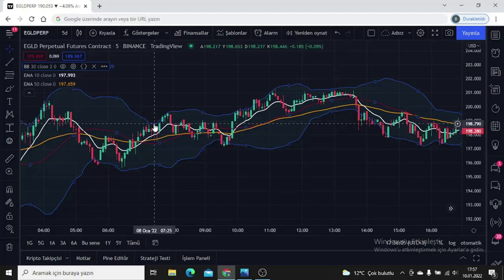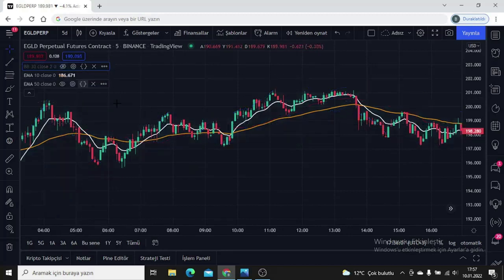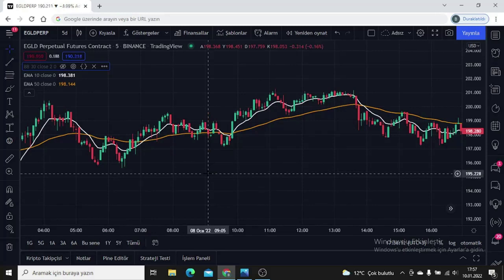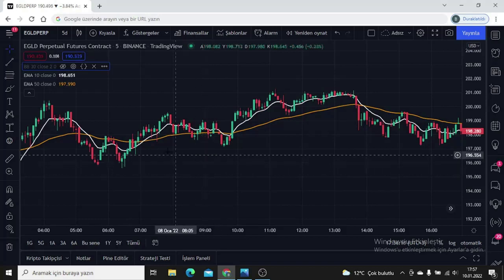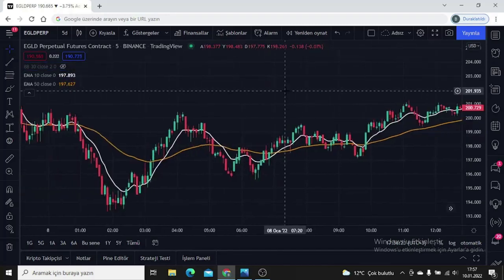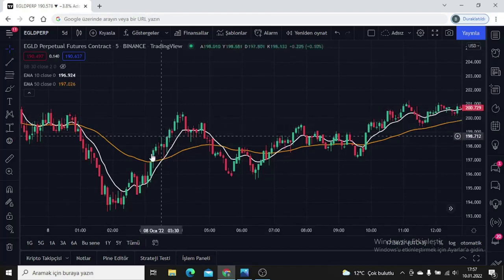We can bring up the Bollinger Band, both as support and resistance. The Bollinger Band already gives us information about the direction and movement of the market. In other words, it gives us information about whether the market is rising or falling. Know that when EMA 10 intersects EMA 50 upwards, the market will rise because it will form an uptrend.